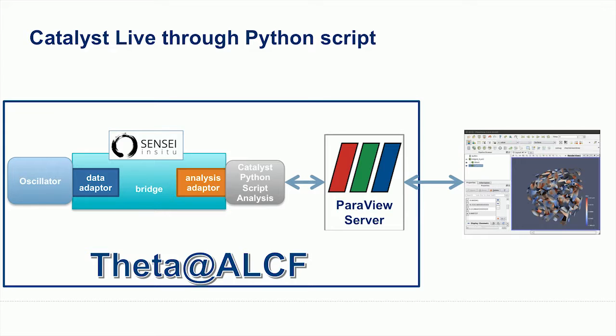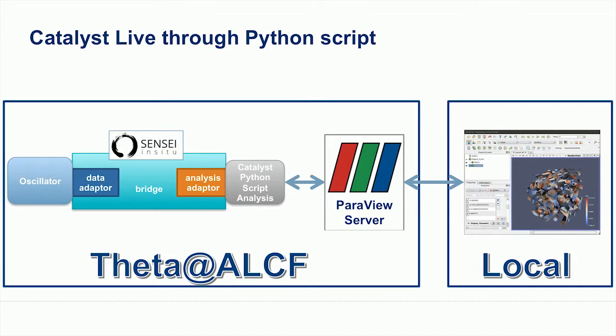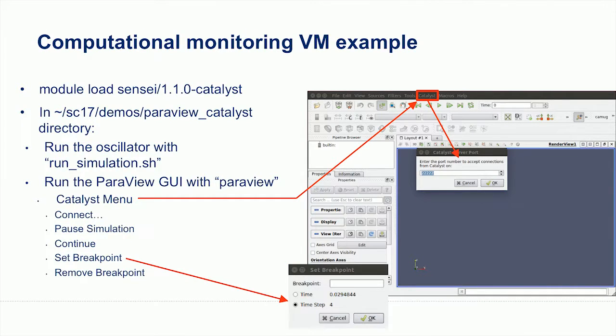All of this runs on your HPC center. This is a machine at Argonne, the ALCF, and this GUI is running locally on your workstation or your laptop while you're doing this.